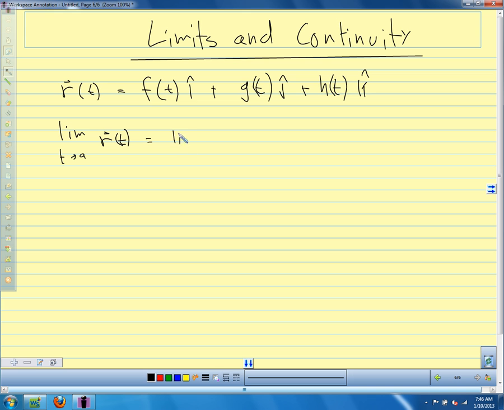So that's the limit as t approaches a of f of t i, plus the same thing for the next component, the limit as t approaches a of g of t j, and we'll do the same thing to the z component.